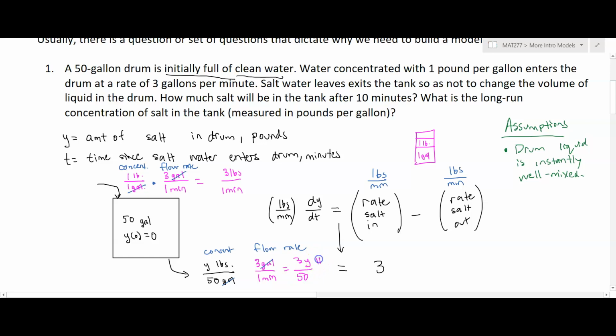So this is in 3Y pounds per 50 minutes. It might seem weird at first because you have a variable in your unit, but that's okay. It's just an unknown quantity. And so this will be 3 minus 3y over 50 as our differential equation. And so this is our dy/dt.